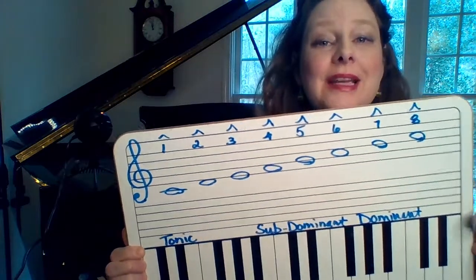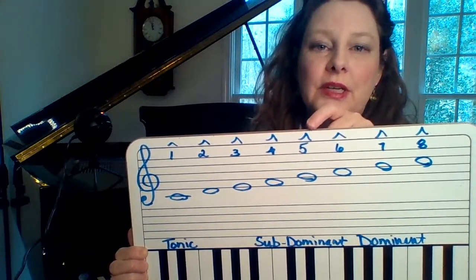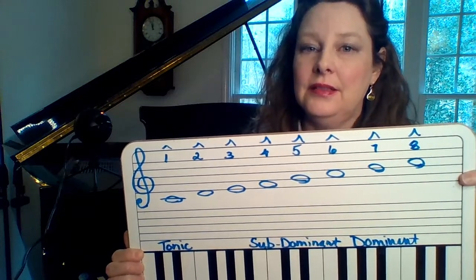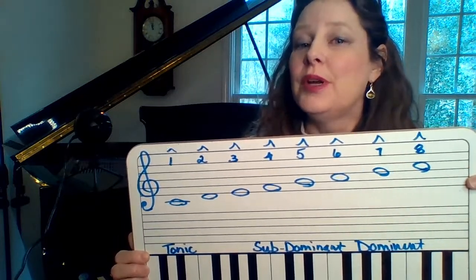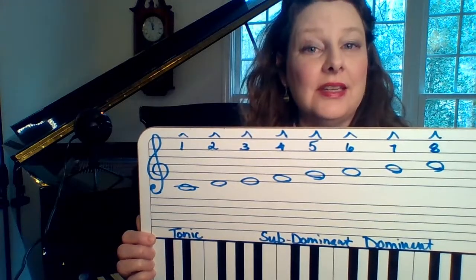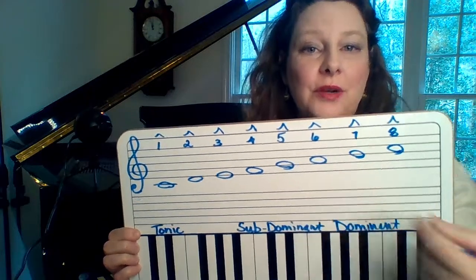So if someone said play the dominant tone in a C scale, they will always be referring to the 5th scale degree in a C scale. I'll say that again. If someone wants you to play the dominant note of the C scale, they're referring to the 5th scale degree or the G.